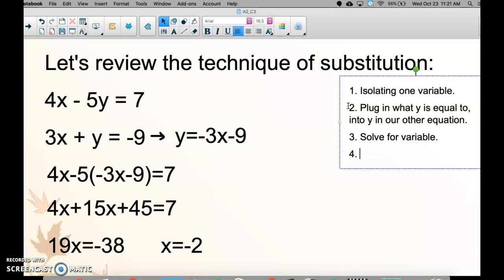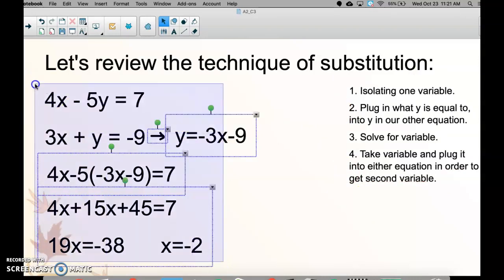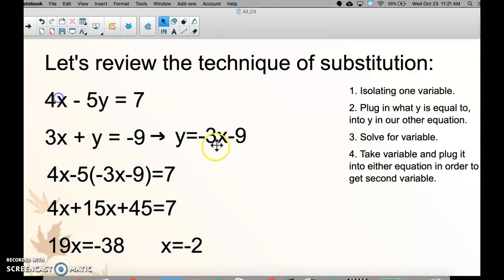Now we are taking the variable we solved for and plugging it into either equation in order to get the second variable. So for this, I'm going to take this and move it so it's out of the way here.